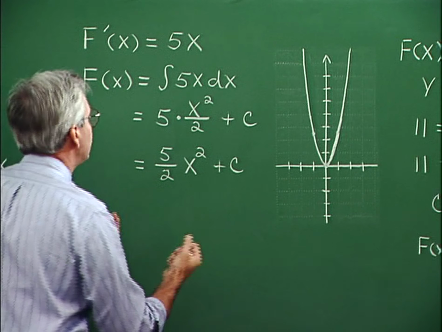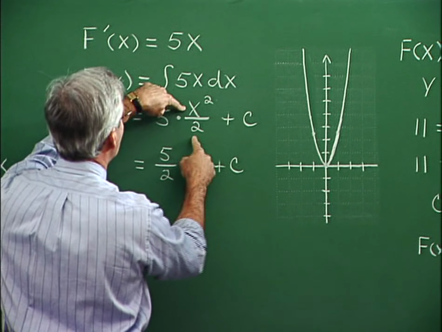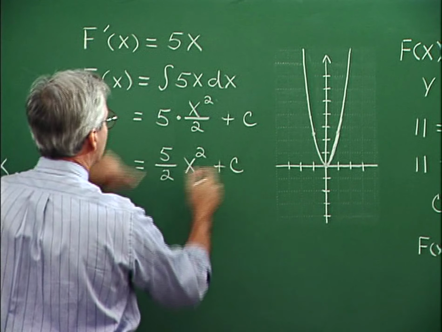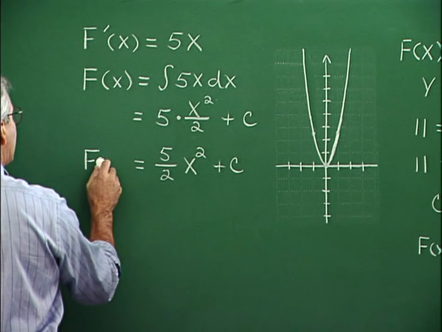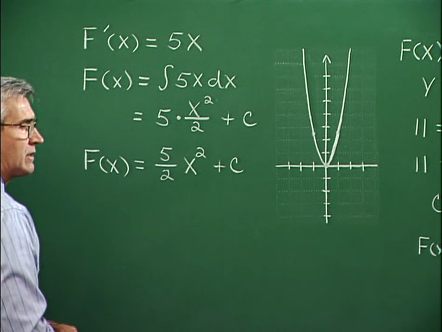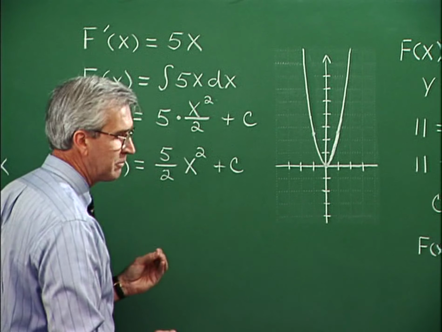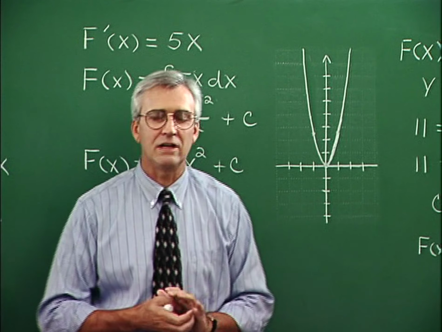And that integral is 5 times x squared over 2 plus c, or 5 over 2 x squared plus c. Now we understand that this f of x is really a family of functions. That c is a variable, it's a constant, but it varies. It can take on different values.